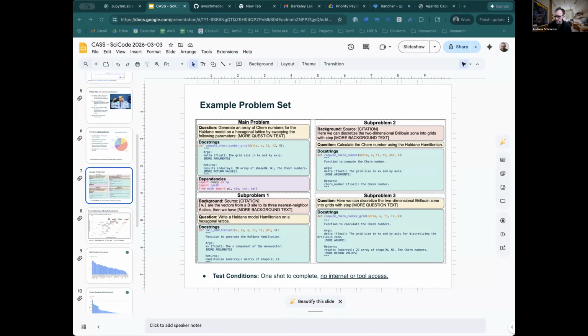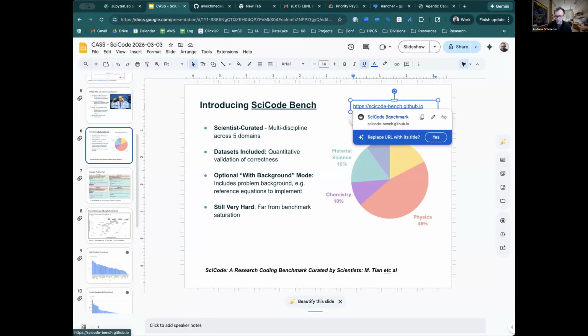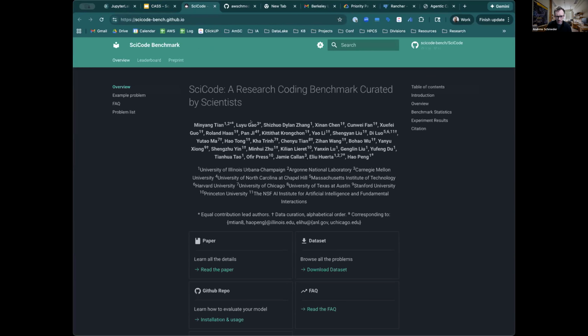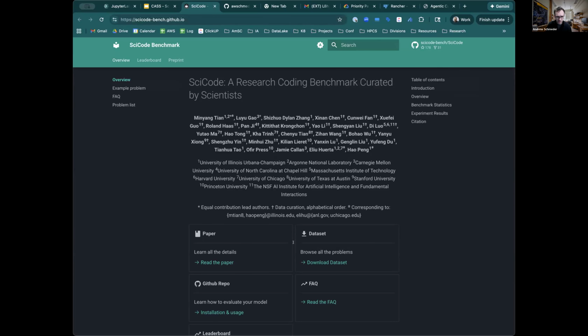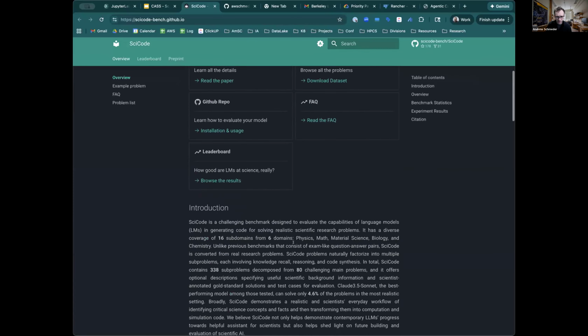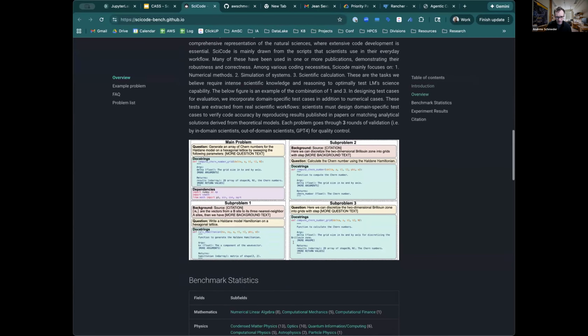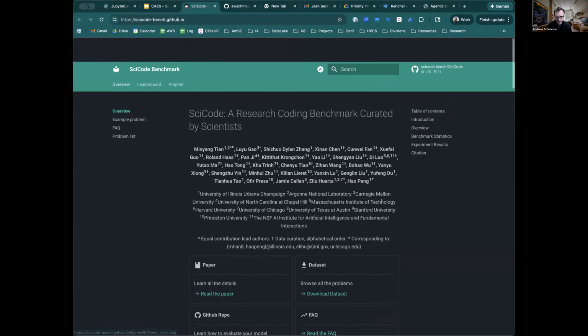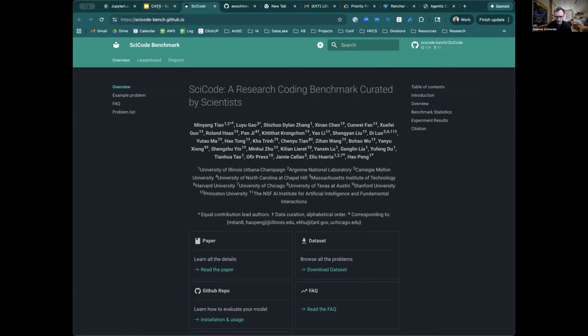Is there documentation? There is a GitHub repo for SciCode. I think I put it here. I can send these slides later if you want me to. So there's a GitHub repo with all the code if you want to try it yourself.